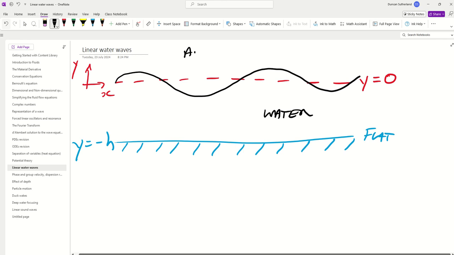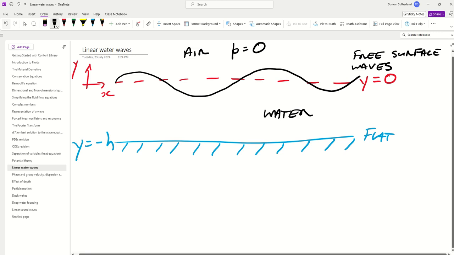We're going to have air out here. This free surface is going to be wavy. We're going to set a reference pressure at sea level, at the mean of the free surface, of 0.